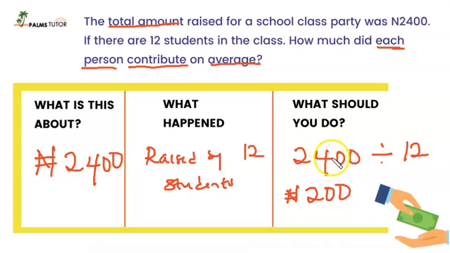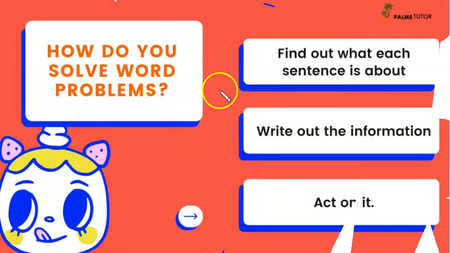So just like every other one, it's about you understanding these questions, right? So read out one sentence per time. You see what I mean by per time? One at a time, each. Now, write out the information and then act on it.